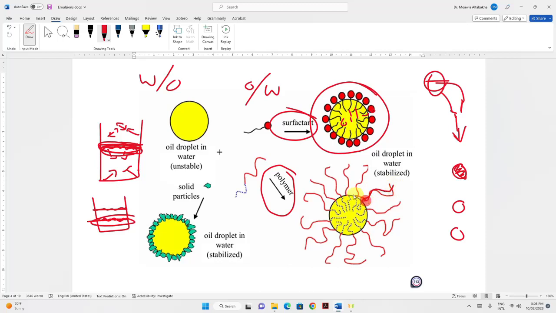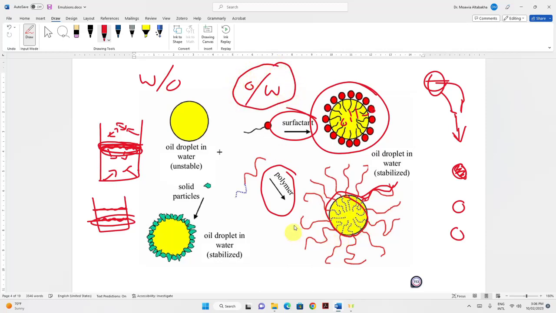It is forming a monomolecular layer around the globule to protect it, and the wedge is inside the medium or the external phase, so that it's like holding and protecting the internal globules. In pharmacy, most of these preparations, and the important ones, are oil in water emulsions.